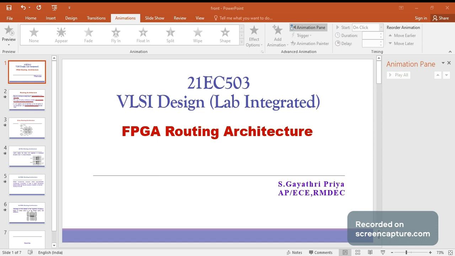Coming to the Actel routing architecture, it has more wire segments in the horizontal direction when compared to the vertical direction, right? So this is the architecture diagram of Actel. Here LB stands for logic block, and this is called the input segment, and this line indicates the output segments.